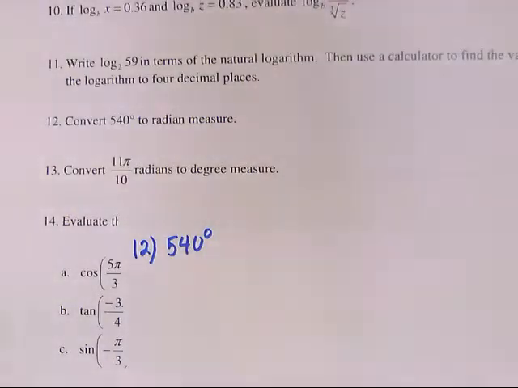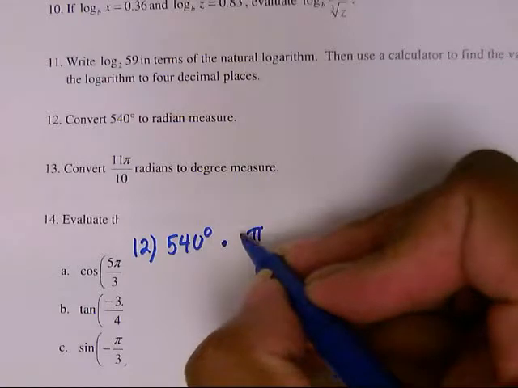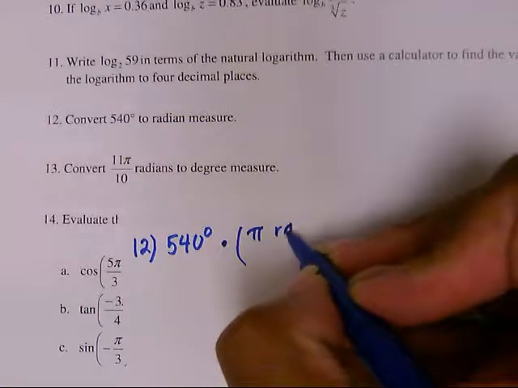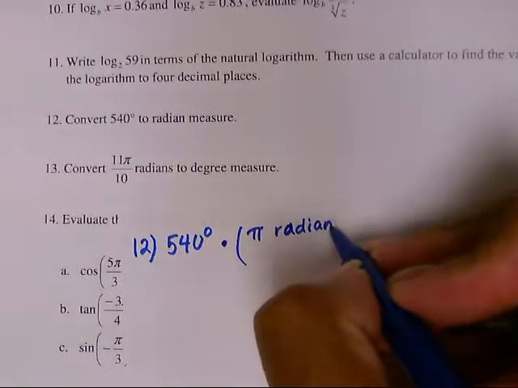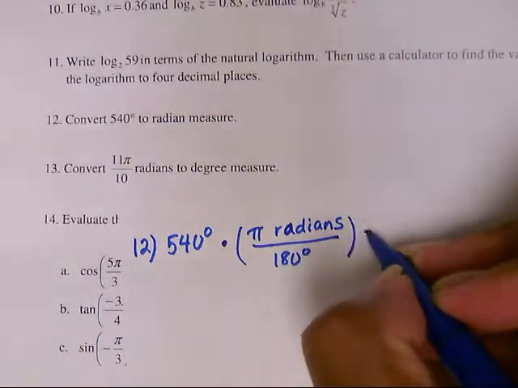So in this case, we're going to take this right here and multiply by pi radians over 180 degrees.